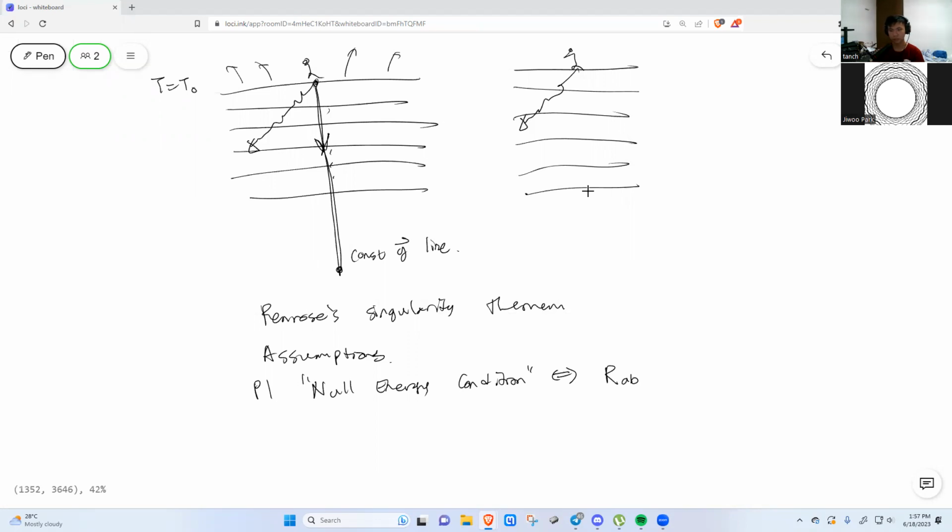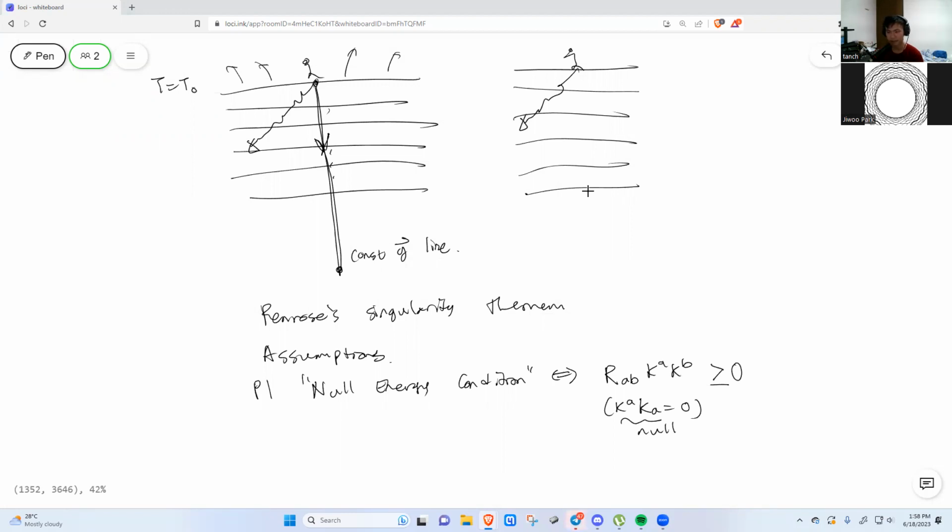R_AB K^A K^B is nonnegative, where K^A equals 0, so it's null. Is K still defined as the vector along the geodesic?